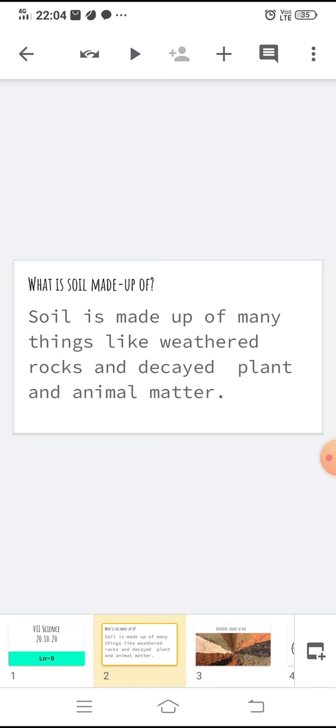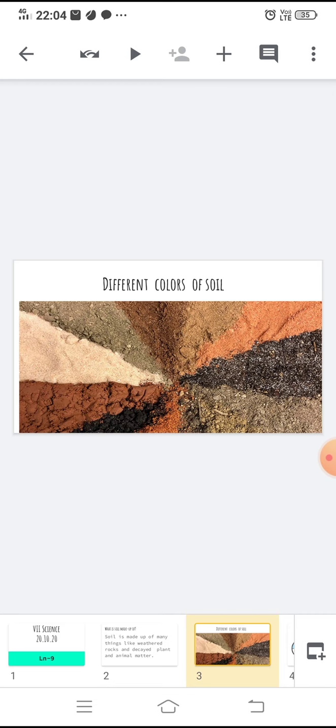Soil is made up of many things like weathered rocks and decayed plant and animal matter. Second one, what are the different colors of soil? All must look here. Black, dark red, dark brown, light brown, orange and etc. These are all the different colors of soil.